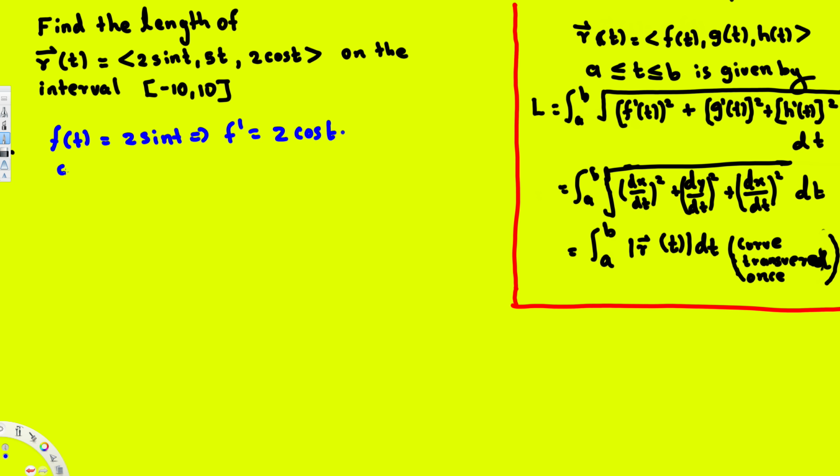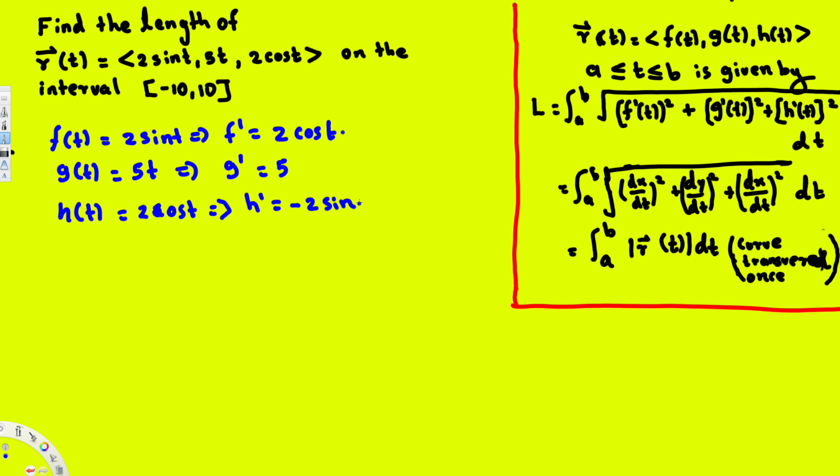And here g of t is going to be 5t, and the derivative of that one is going to be 5. And then we are going to take h of t. h of t is going to be 2 cos t, and the derivative of that one is going to be minus 2 sine t, right? Because the derivative of cos t is minus sine t, so this is going to be minus 2 sine t.